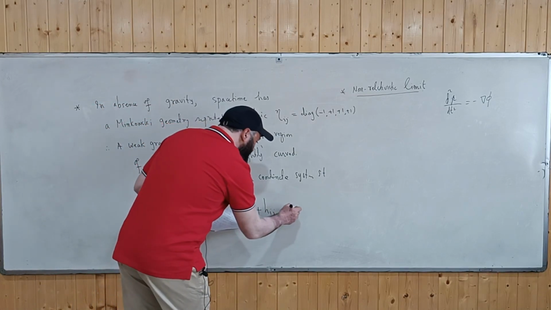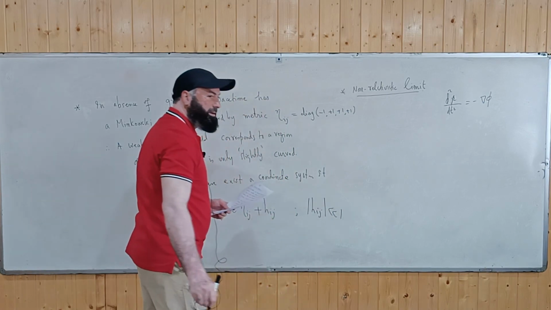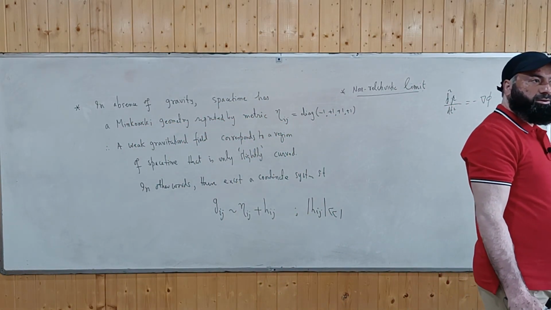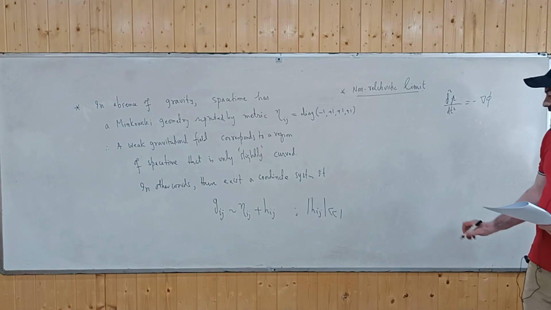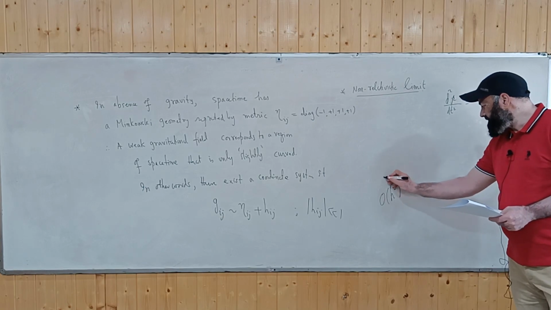Here the magnitude of h ij is very much less than 1. So it is a very small quantity. Got it? Such that you can ignore terms of order x squared.